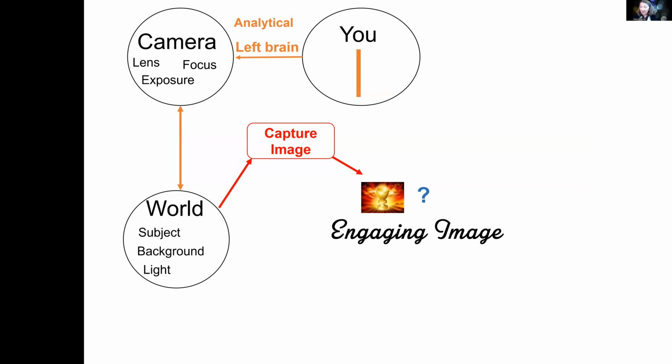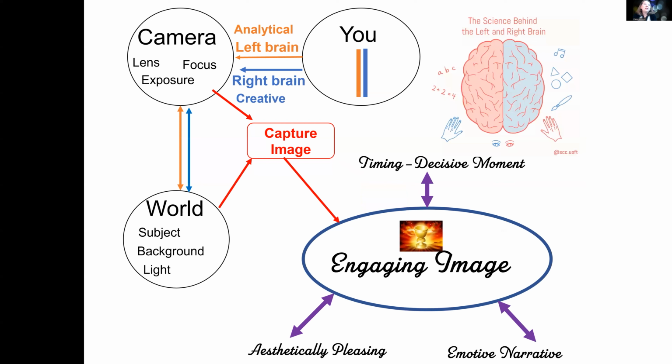The actual reality of what makes an amazing image is you. It's not just the analytical right brain controlling the camera. And that's what a lot of people, when they see good photographs, or when they look at my photographs, they'll say to me, the first thing, you must have an amazing camera. Well, yeah, I have got an amazing camera.